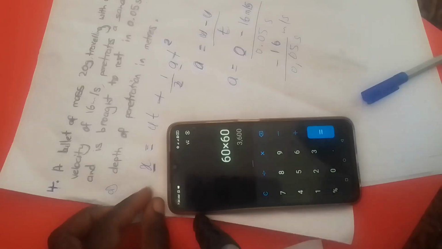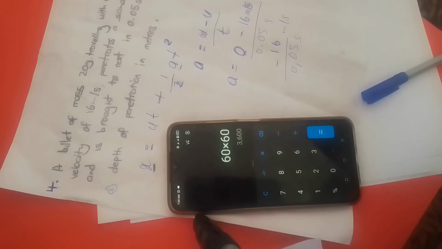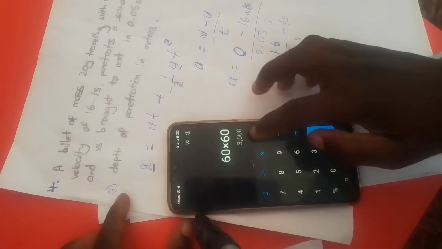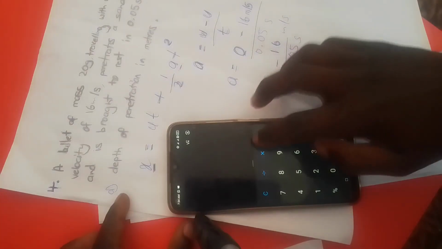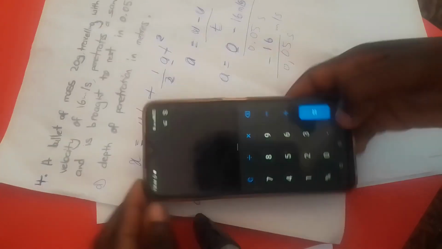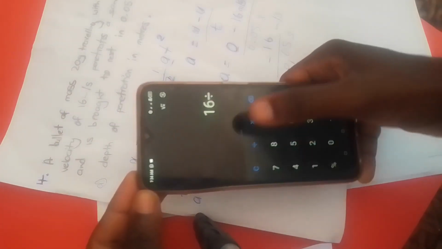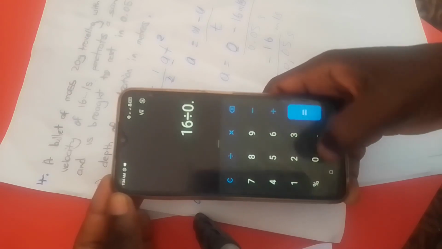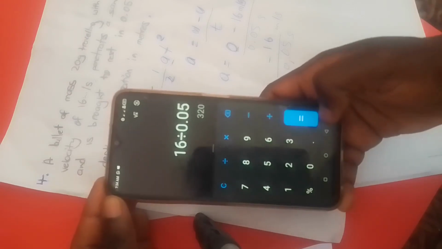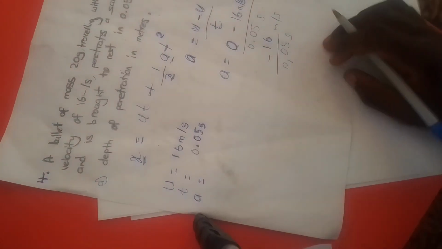I was looking for my calculator, so it took a while. Okay. So we have 16 divided by 0.05 seconds, which is 320. So do not forget that we have a negative.